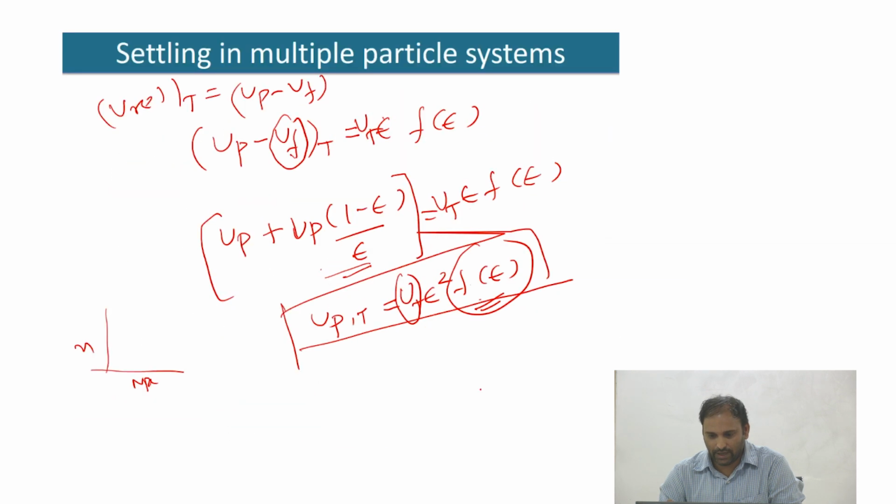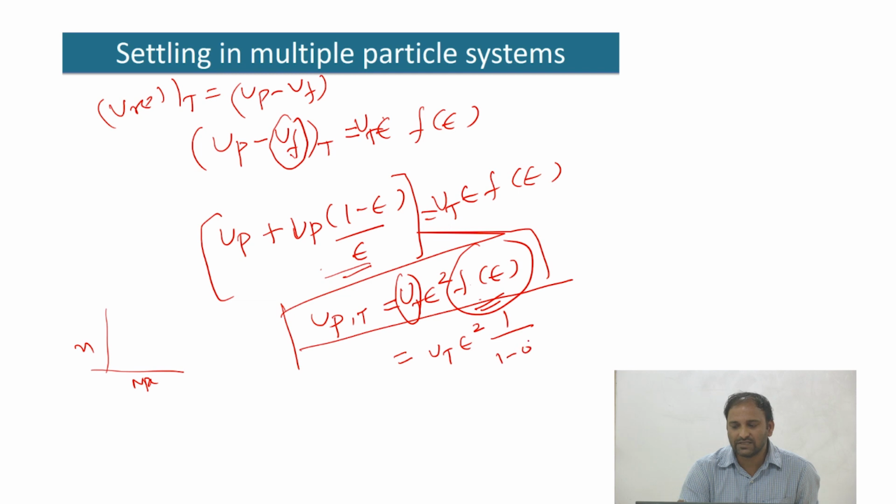Let me just go back to right here. So I can write this as ut into epsilon square, into 1 divided by (1 minus phi) to the power of minus 2.5. I can write this as ut into epsilon square into (1 divided by (1 minus phi), which is your epsilon, that's the liquid fraction) to the power of minus 2.5.